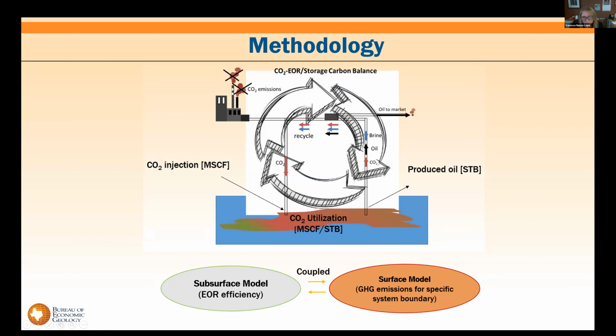So the methodology for my study was we conducted a scenario analysis that captured the range of CO2-EOR efficiencies to different CO2 injection strategies. And we modeled the reservoir responses, the responses being given in terms of how much CO2 was needed to produce 1 barrel of oil, which is something we call CO2 utilization rate.